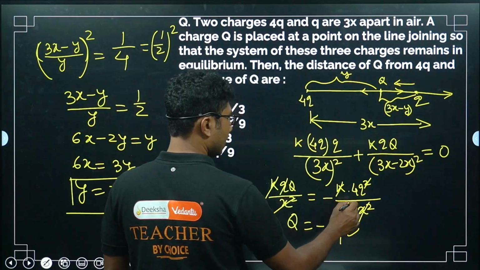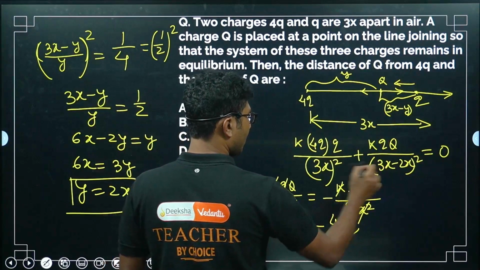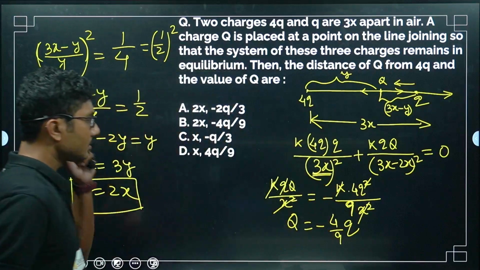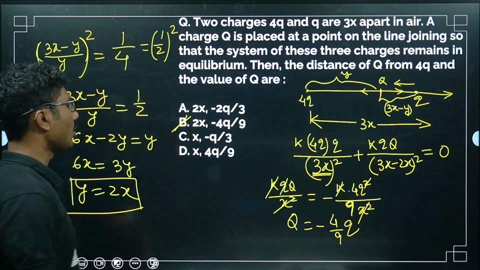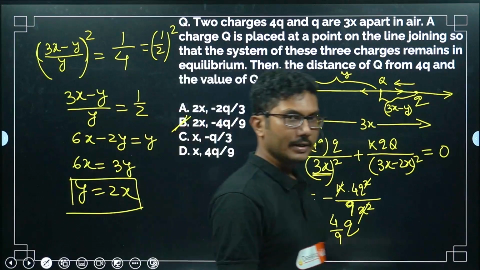There is a 9 here, right? So this 9 is coming from the square of this term. So 4 by 9q, but minus. So the correct answer is 2x comma minus 4q by 9.